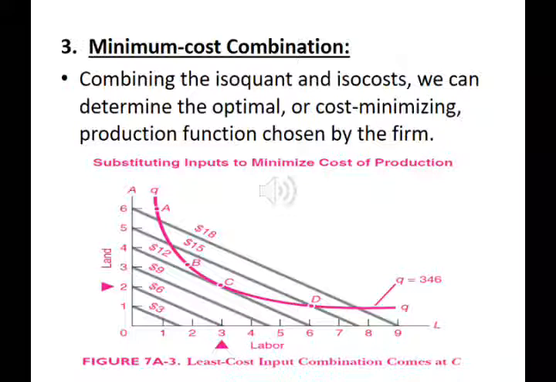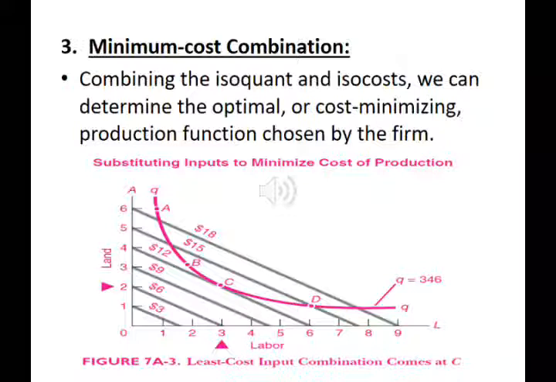It will keep moving southeast until it reaches production function C. This is even better than production function B because it lies on a lower isocost. Moving even further to the right, to point D, we find that the same level of output will be produced. However, the firm moved upward to a higher isocost, which means that it's not better than C.